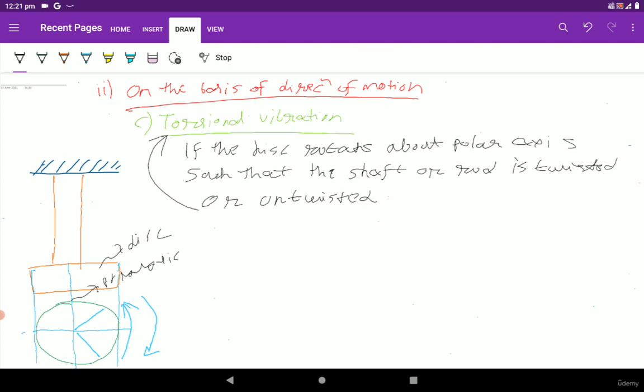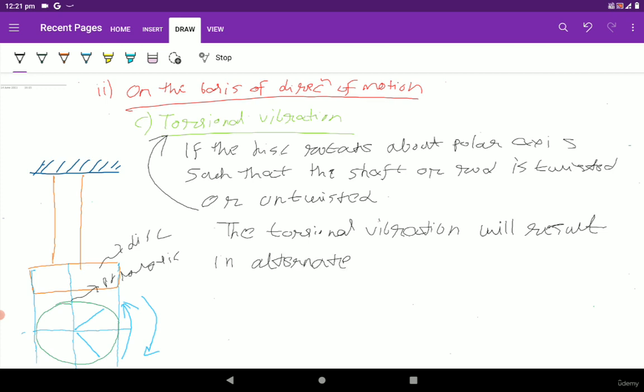So the torsional vibration will result in alternate torsional shear stress.